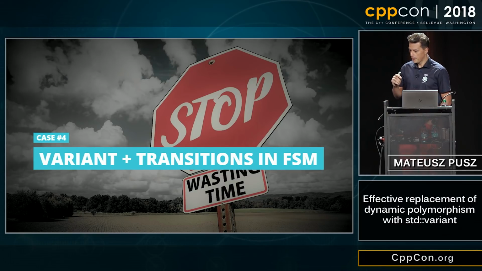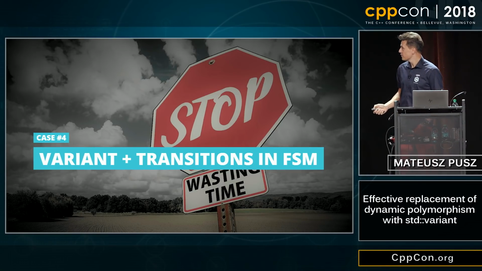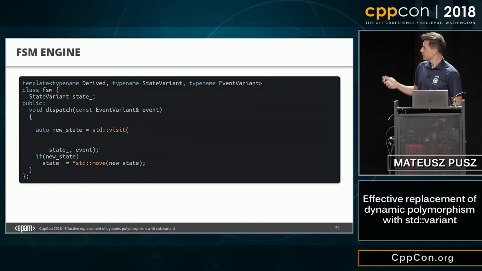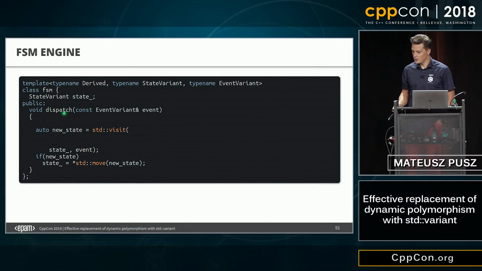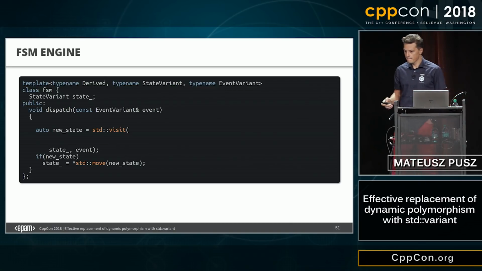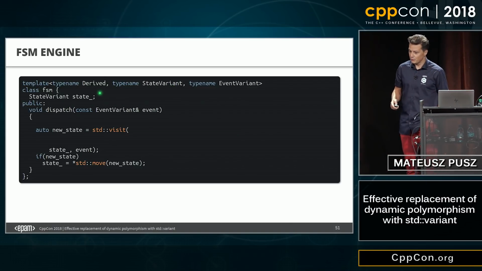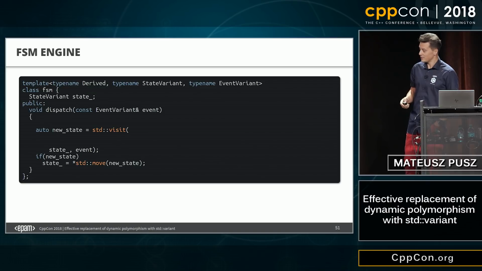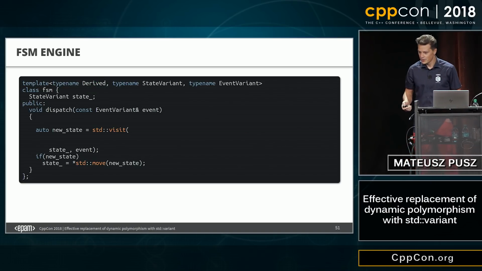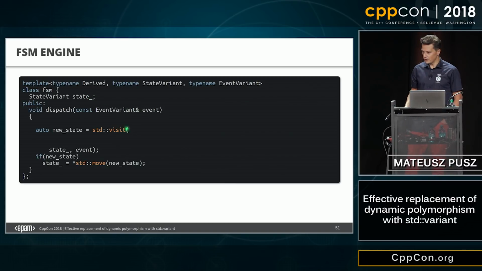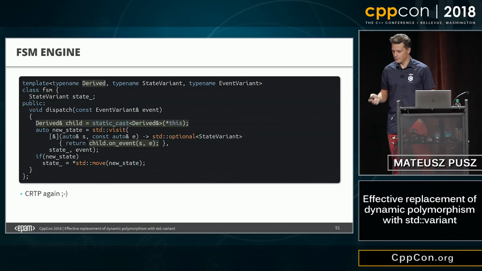Another use case that may be interesting here is such an approach. We have, once again, a Finite State Machine that has template arguments. No, it has different ones. It has Derived right now. So when you see Derived as a first argument, it means that CRTP will probably be used here. And we have a visitor, similar to the previous one.